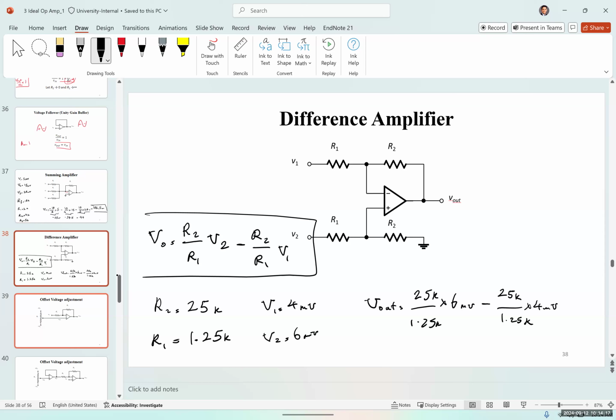So 25 over 1.25 is 20. So you're going to have 20 times 6, which gives us 120 millivolts, minus 20 times 4, 80 millivolts. So the answer would be 40 millivolts.